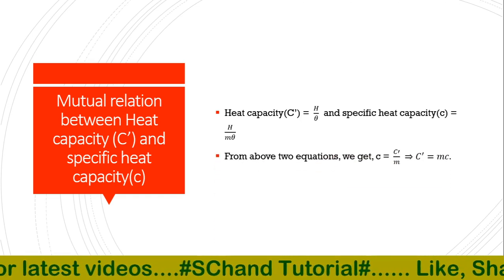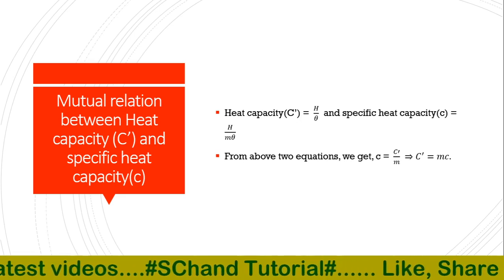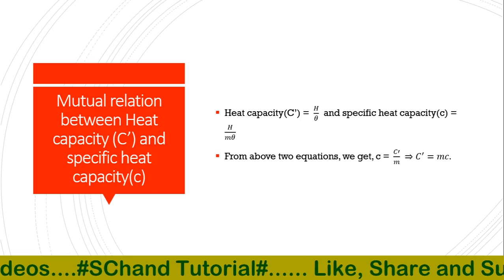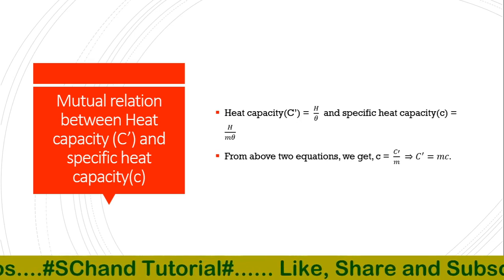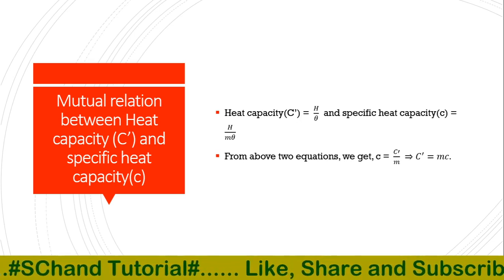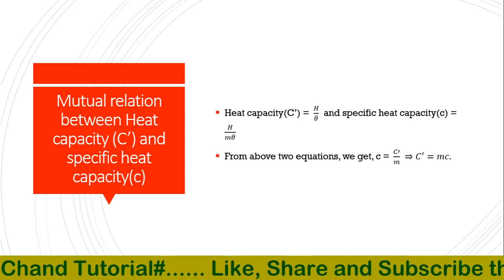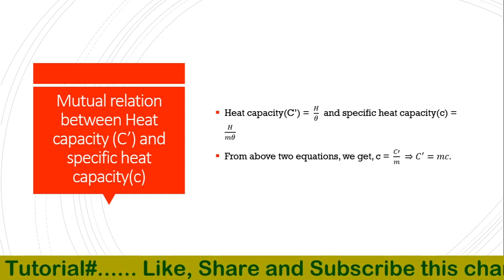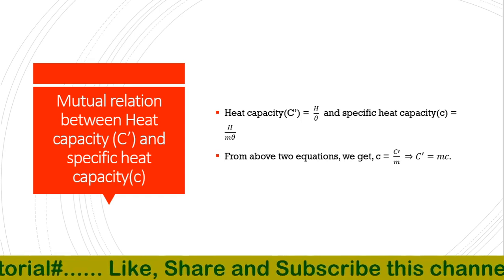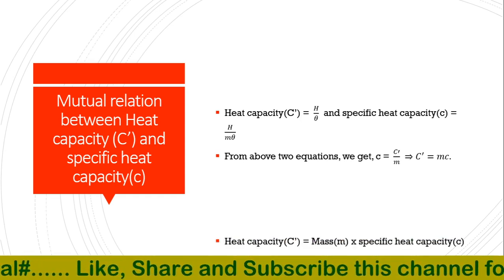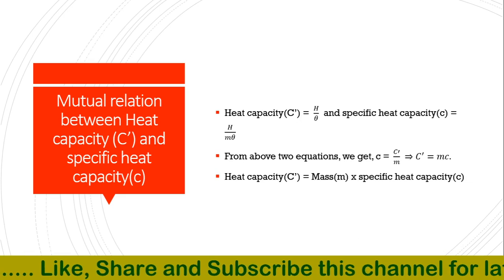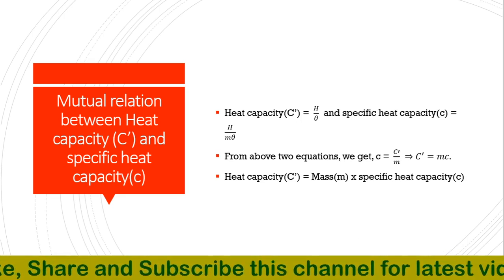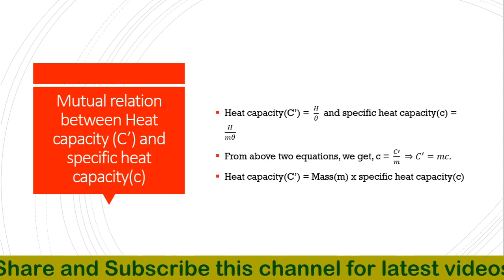If we combine these two equations, H over theta will become C dash over m. So c is equal to C dash over m. It means thermal capacity is equal to mass into specific heat capacity. That is the relation you must remember. Heat capacity C dash is equal to mass m into specific heat capacity c.